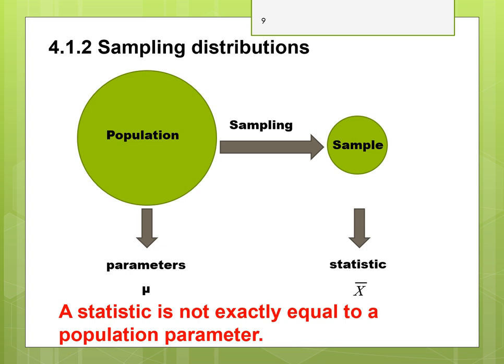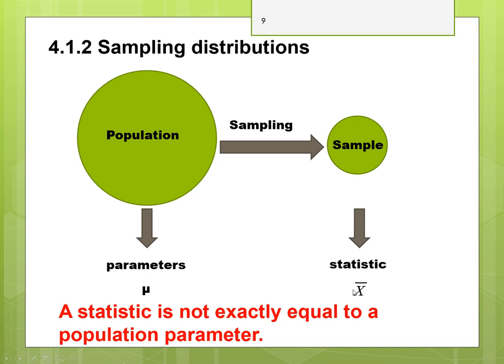Is x bar exactly equal to mu? Let's think about the whole procedure. This is an unknown population. We know nothing about the population. We don't know the parameter. We don't know mu. And here we use the method of sampling. We get a sample from the population. And then we calculate x bar with the data of the sample.